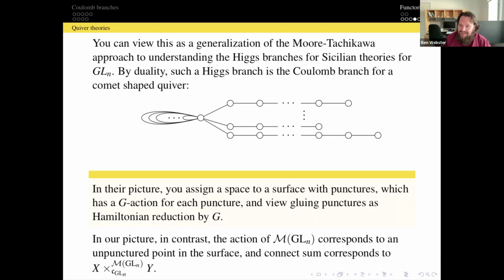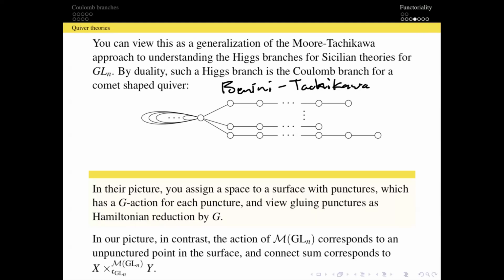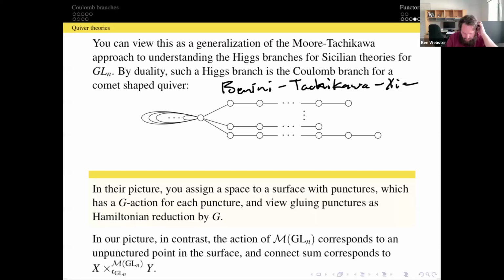Oh yes, indeed. I mentioned Moore and Tachikawa here. I should have also mentioned, oh shoot, I'm blanking on the names, but Benini, Tachikawa, and Wen also.